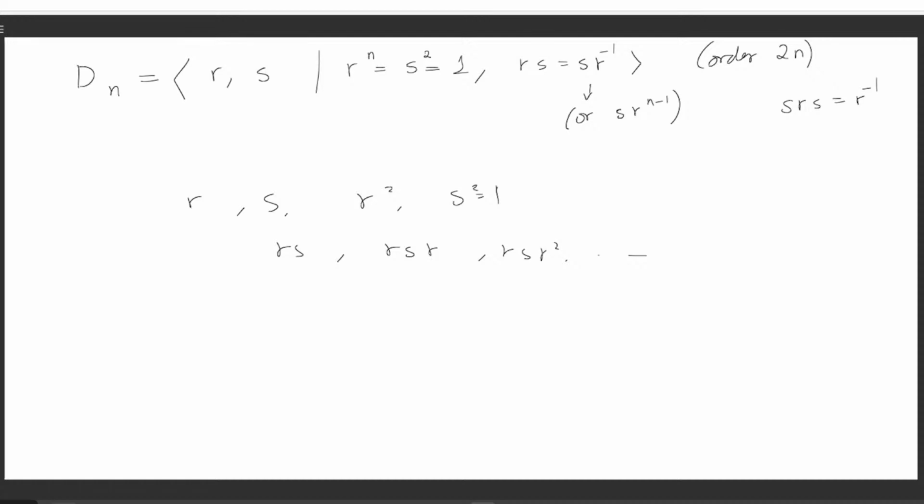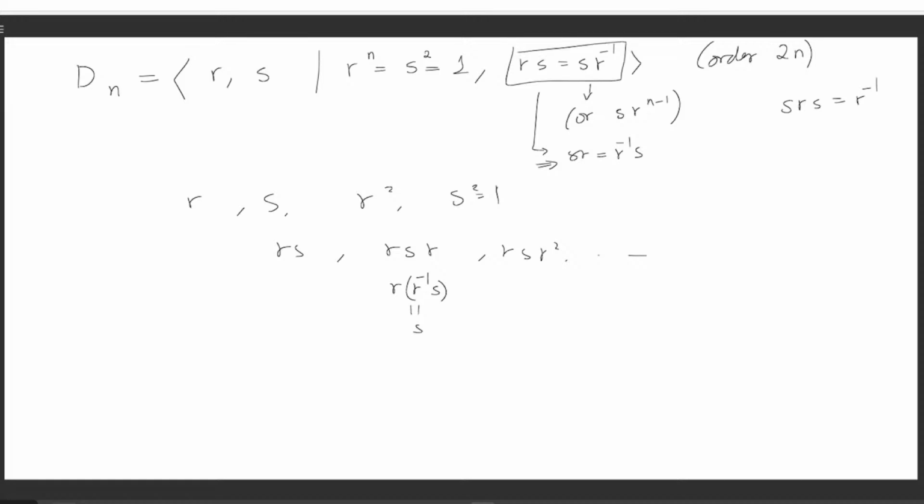So for example, when you write RSR, using the relation you can write this as R inverse S. Actually, this implies immediately that SR is equal to R inverse S by just using inverses. So you can write this as R inverse S, which is just S. So RSR is equal to S. Similarly, whenever you write a big word, you reduce it using this relation.